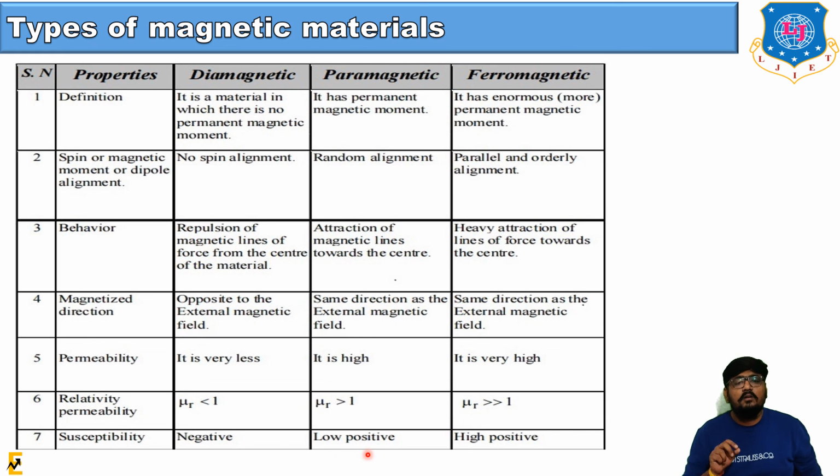Susceptibility for diamagnetic material is negative. Paramagnetic material possesses positive susceptibility, but the value is nearly less than 1. For ferromagnetic material it is very high and positive. So that is all about the comparison of magnetic materials with respect to various properties.